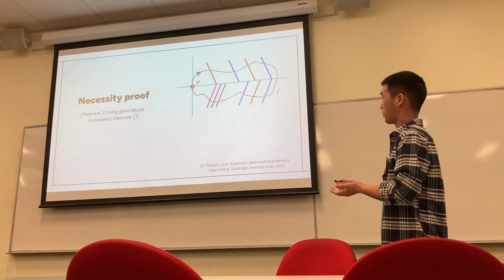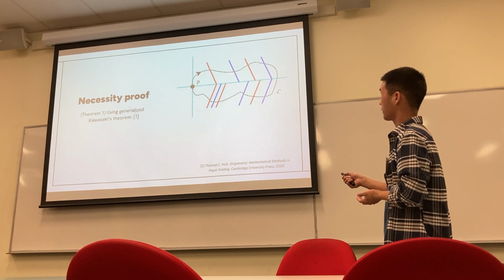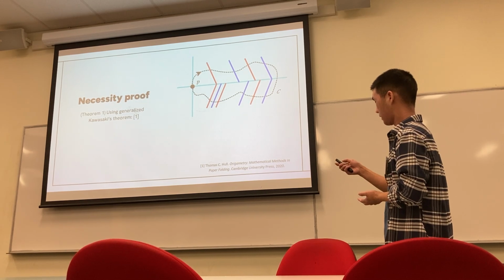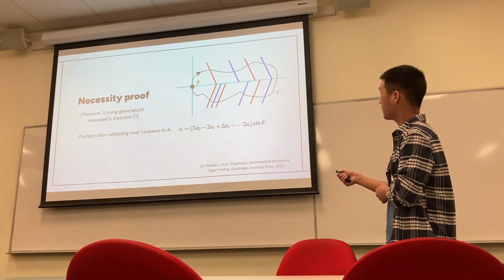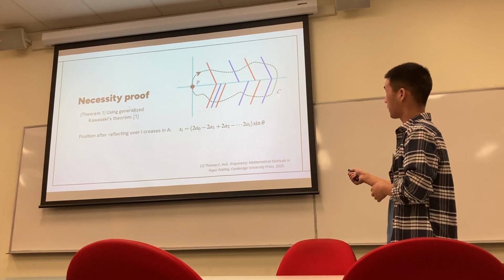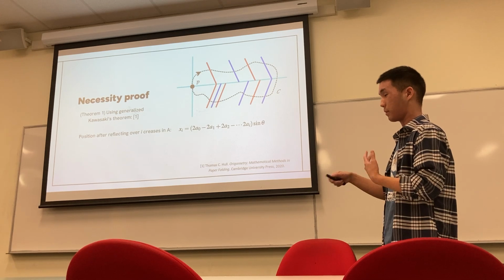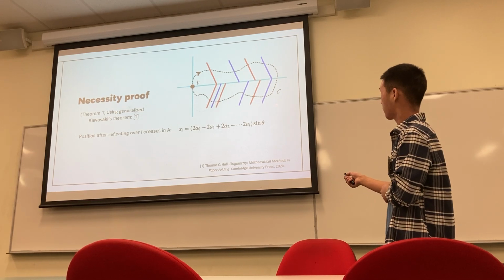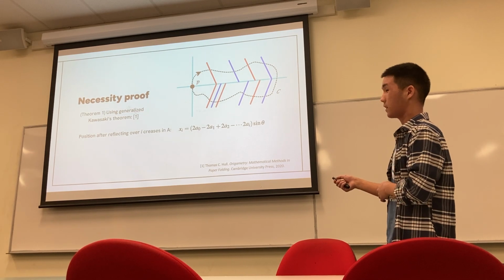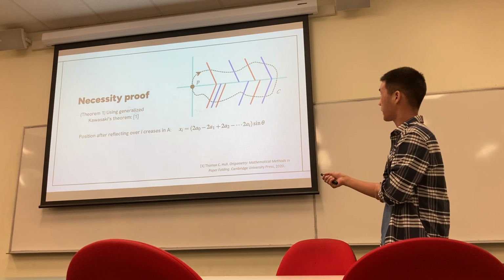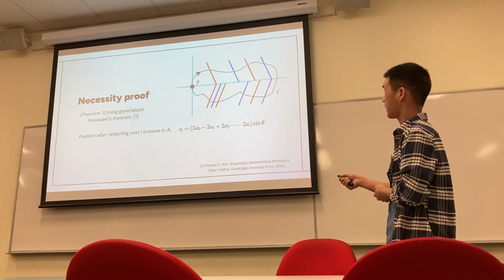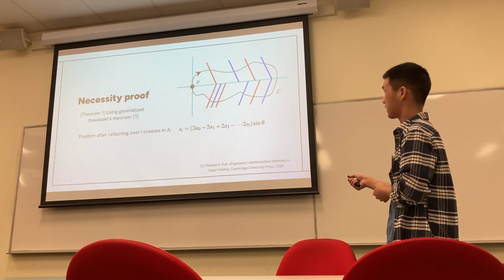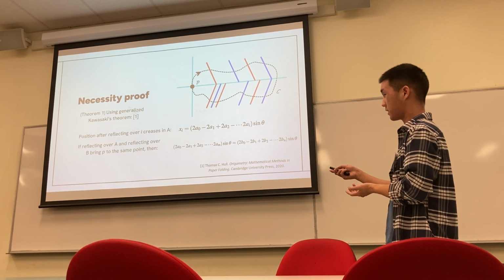If we take this point here, it's going to first reflect over all the creases in A, which we can express as this equation. It's then going to cross the x-axis, which will change the y coordinate by a factor of -1. And then it's going to cross all the creases in B. So essentially, what we expect is that crossing all the creases in A is going to yield the same x coordinate as crossing all the creases in B. That gives us this equation.